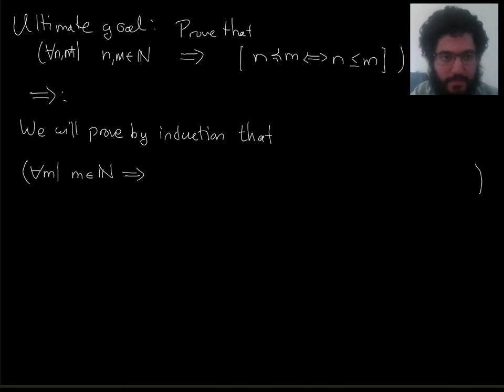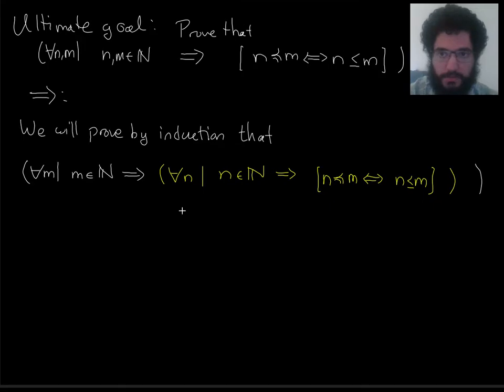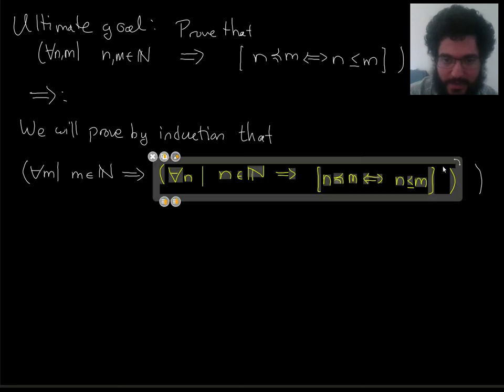So let me make the statement that I'm proving by induction be in a different color, like yellow. So I'm going to prove that for all m, that for all n, we have this thing. So basically this is my phi, right?